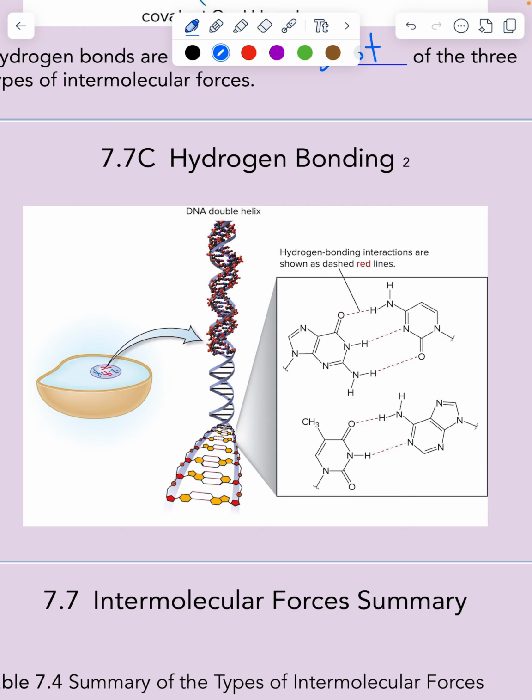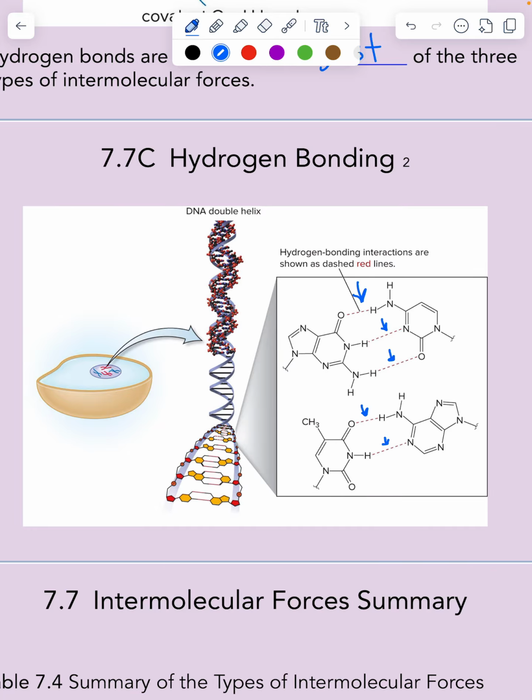The DNA is made up of nitrogenous bases on the backbone of the DNA molecule, and the connection between the nitrogenous bases is a hydrogen bond. So this graphic is pointing out where those hydrogen bonds are. So anywhere you see these dashed lines or dotted lines, these are hydrogen bonds. So very important in our chemical makeup for sure.